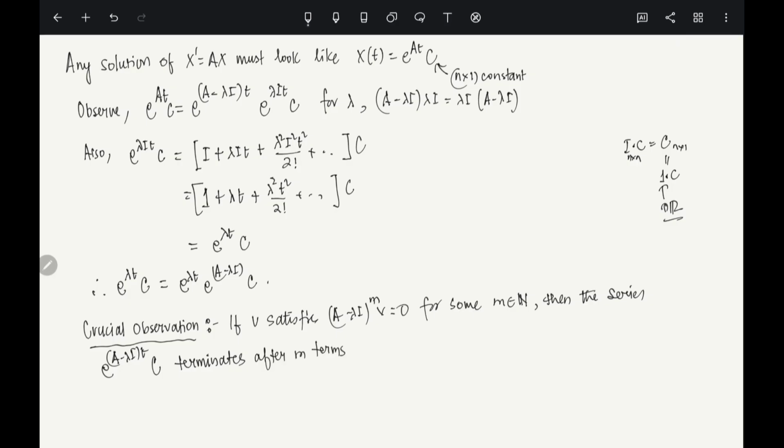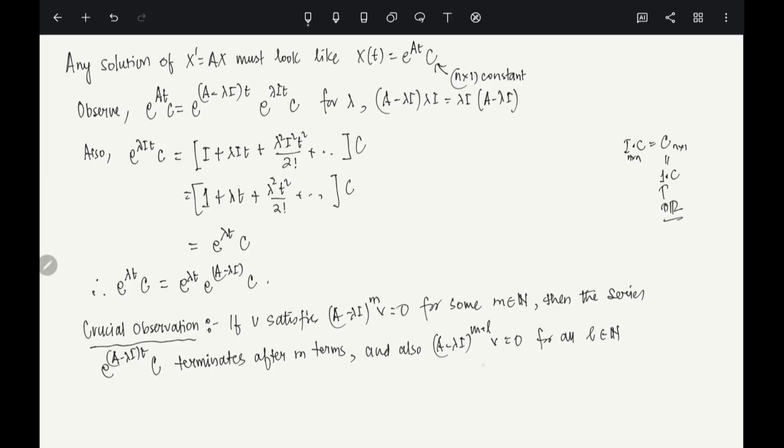And if this is 0, then A minus lambda I to the power m plus l is also going to be 0 for all l in N. So if A minus lambda I whole power m, that matrix is 0, then if you increase the power by 1 or 2 or whatever, m plus l, that is also going to be 0.